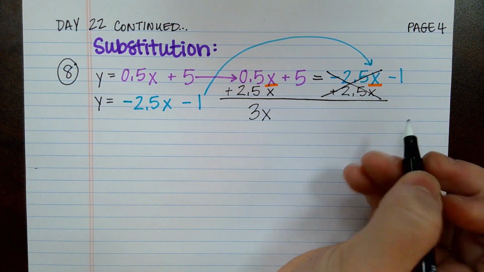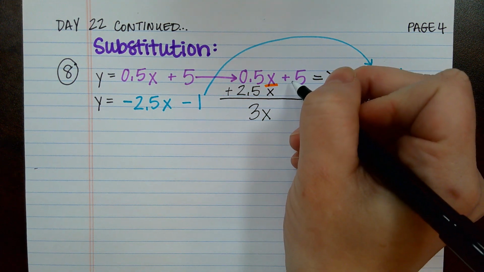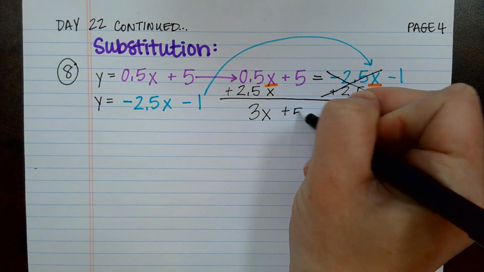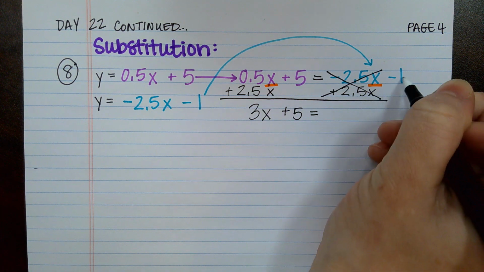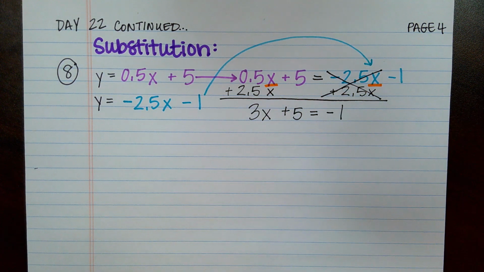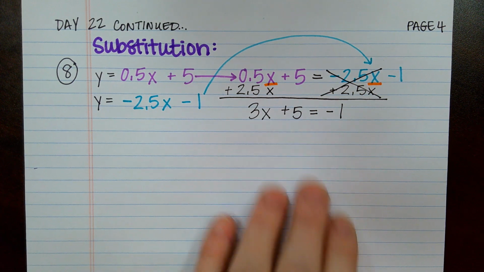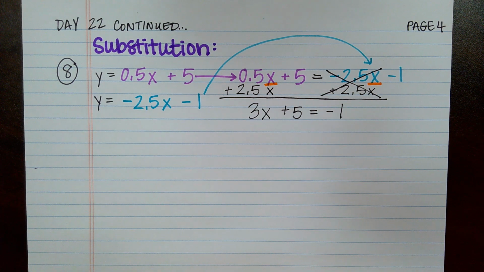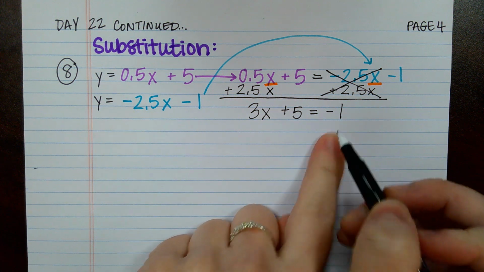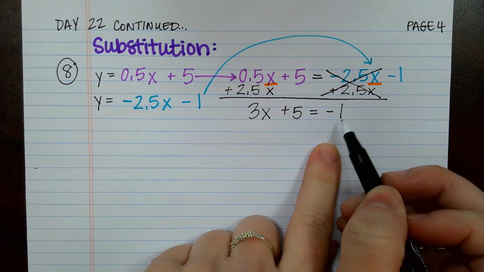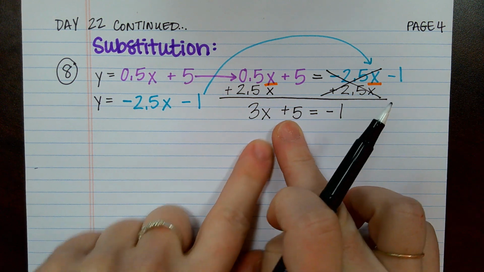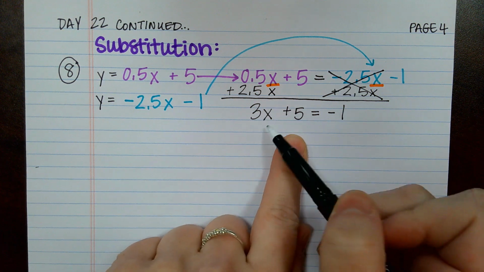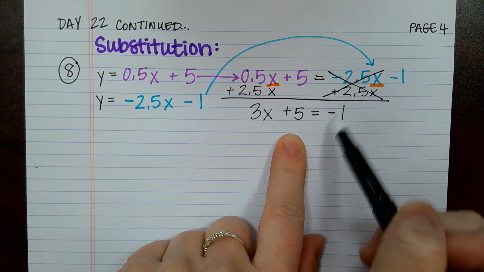And then what do I do? Bring everything else down. Yes, bring it all down. Plus 5 equals negative 1. You could add 1 on both sides, but if I add 1 over here, then I'll have 3x plus 6 equals 0.